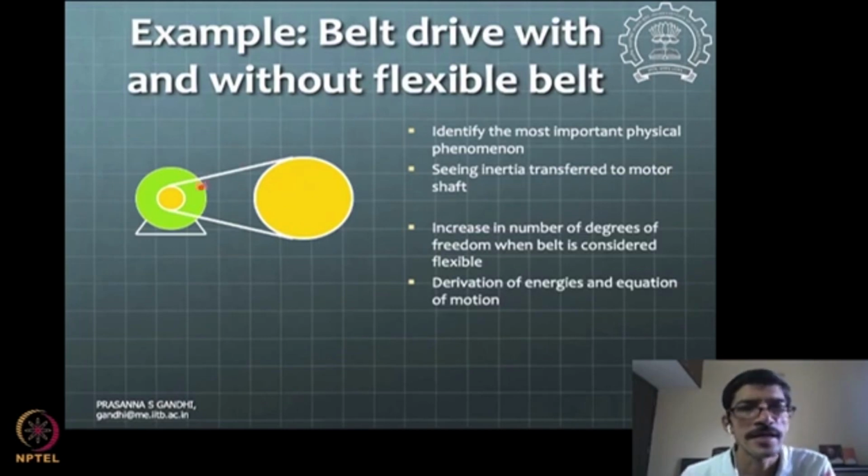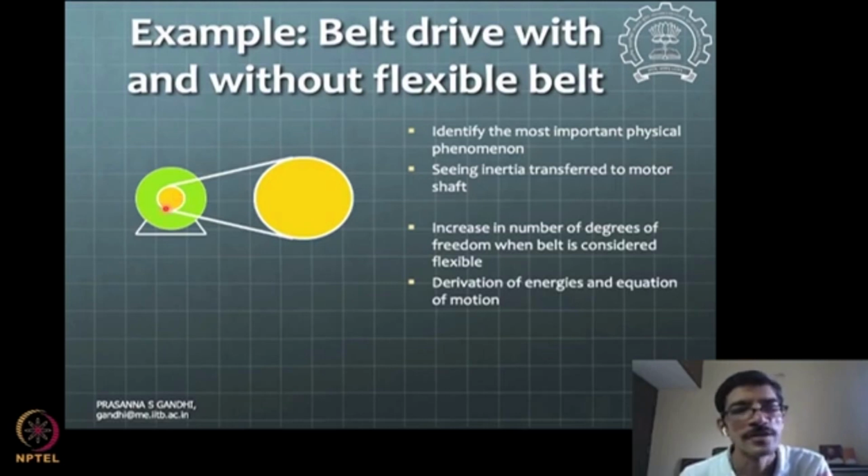Under that case, if you apply your equation with the equivalent inertia, when you use theta m, the motion of the motor side, as the generalized coordinate and express the kinetic energy in terms of it, you naturally get this J equivalent as part of the kinetic energy.